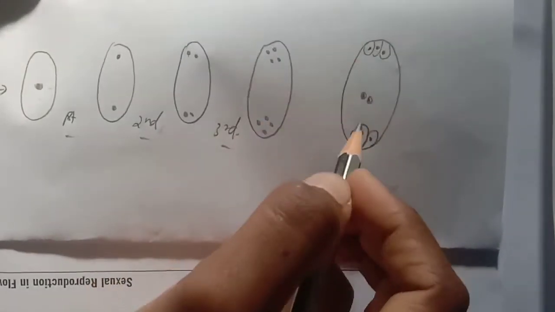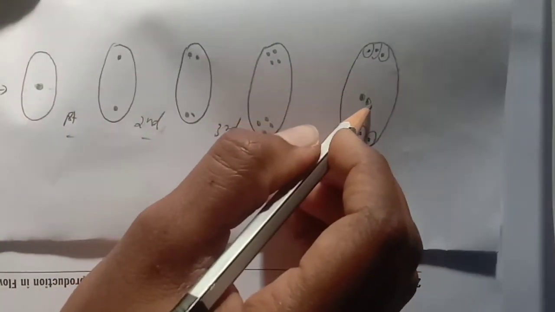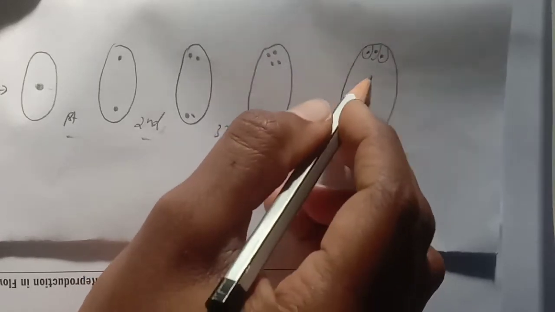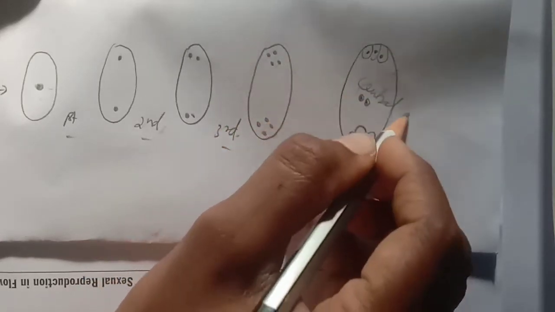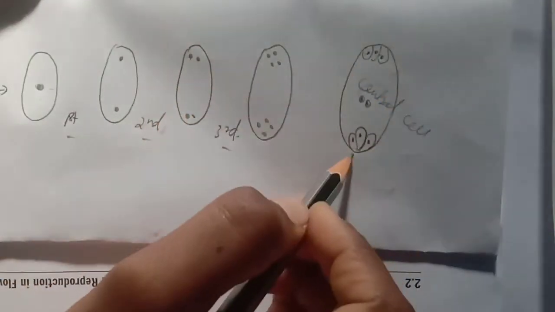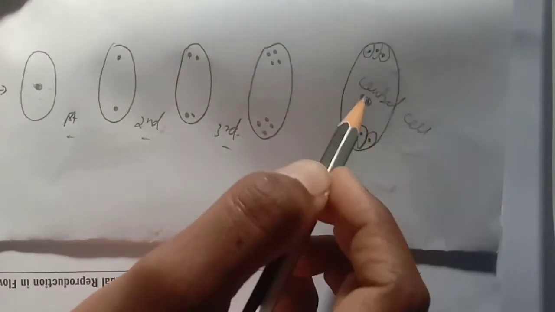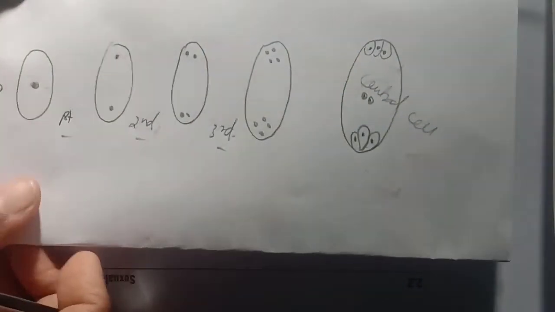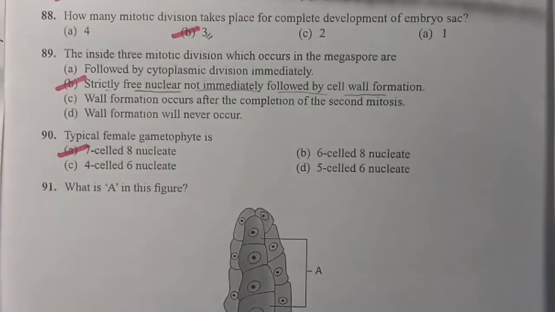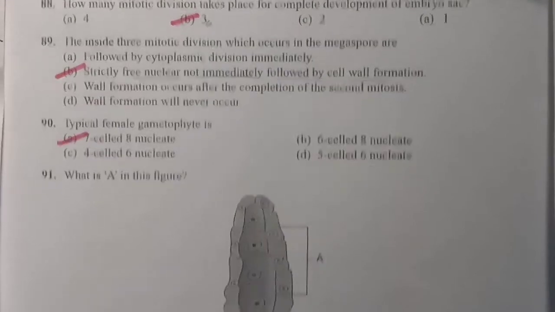So here 3 plus 3, 6, and these 2 are not cells, these are the 2 polar nuclei which are present in the central cell. So this complete thing is the central cell. So totally there are 7 cells: 3, 3 and this central one. There are 7 cells but 8 nucleate condition. Why 8 nucleate: here there are 3 nuclei, here 3 nuclei, and here 2 nuclei. So there are totally 8 nuclei. So it is a 7-celled and 8 nucleate embryo sac.